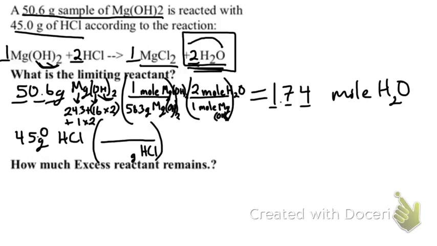And then I go to moles of HCl, because I can't jump to a different compound unless I'm at moles. Whenever it's grams to moles, it's always 1 mole. HCl, chlorine weighs 35.5, hydrogen weighs 1, so you add those together, and our HCl weighs 36.5.